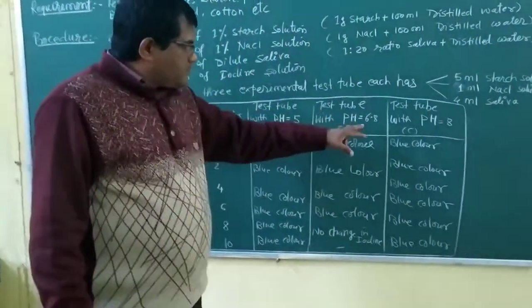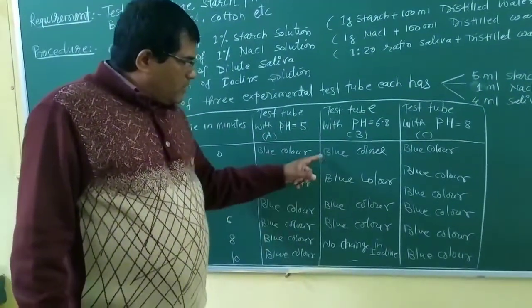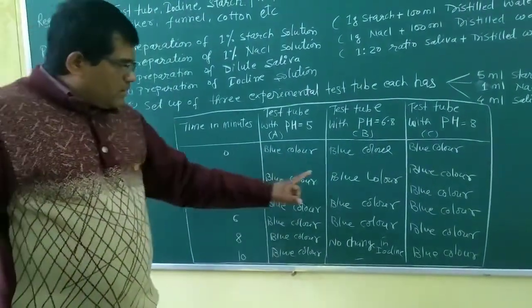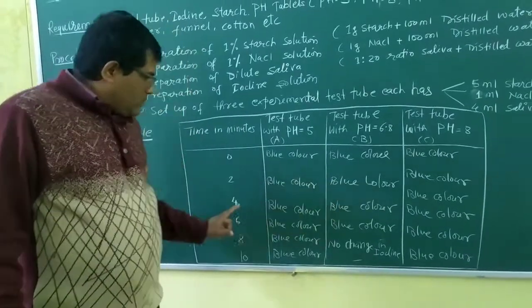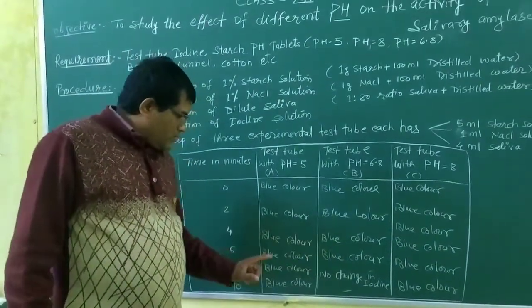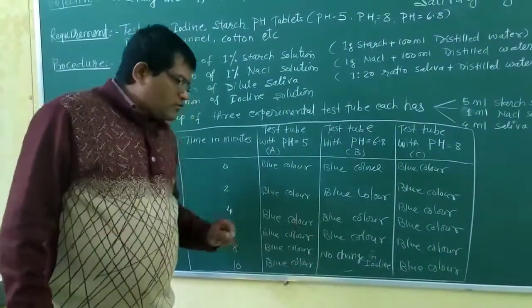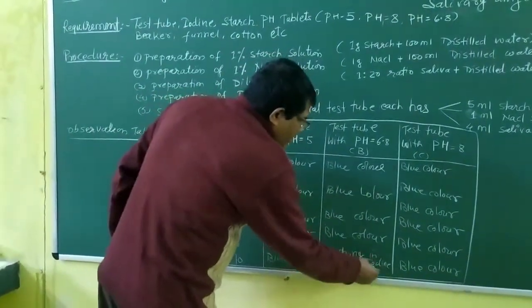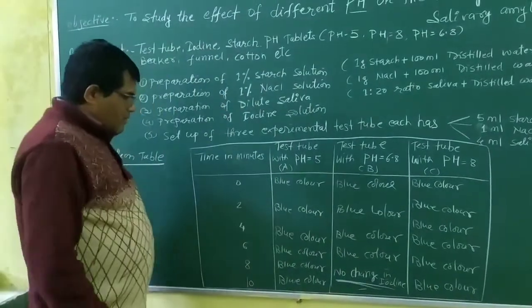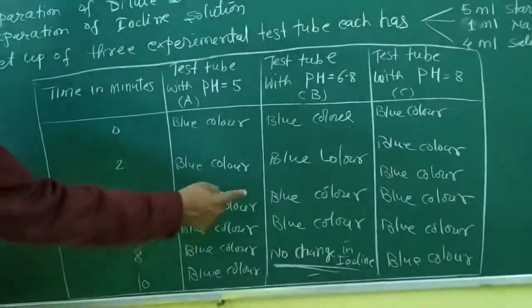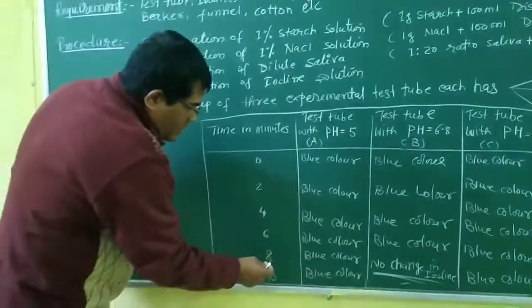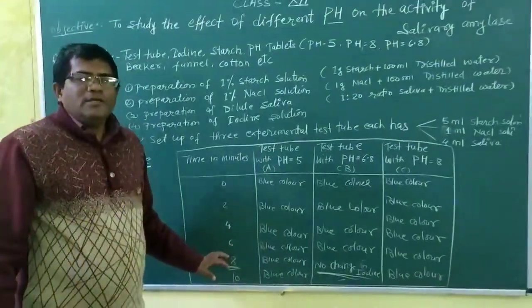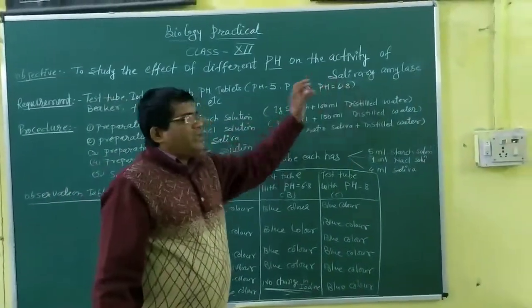But at pH 6.8, at 0 minute it was blue color, then at 2 minutes it is also blue color, at 4 minutes also blue, at 6 minutes also blue, and at 8 minutes what happened? No change in the iodine, it means blue color does not come. That is why at pH 6.8, 8 minutes is used to complete the digestion of the starch by the salivary amylase.